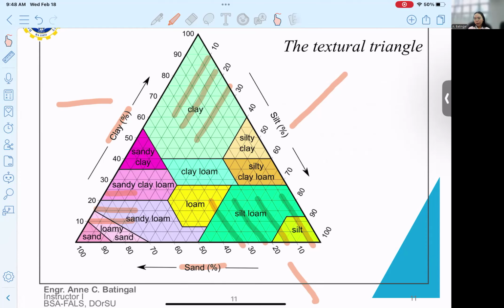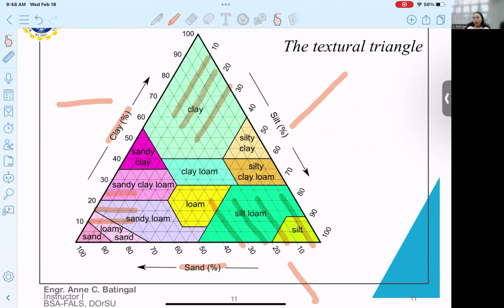And what if your sand is 30%? So most likely the rest is 70%, since 30 plus 70 is 100. The sand, silt, and clay always total 100. It cannot exceed 100 because it is a proportion. It does not talk about weight. It talks about the proportion.